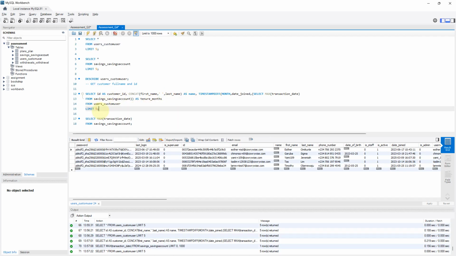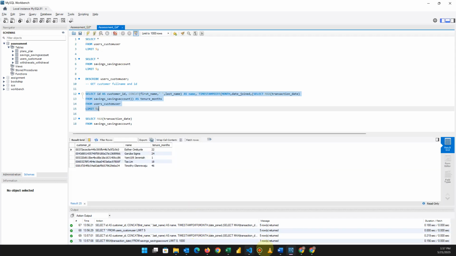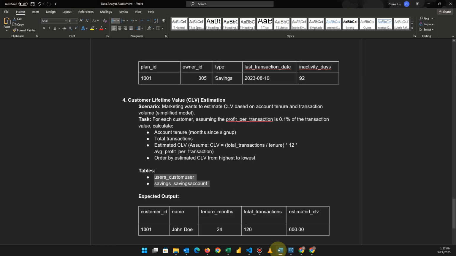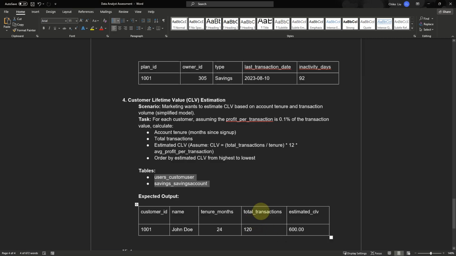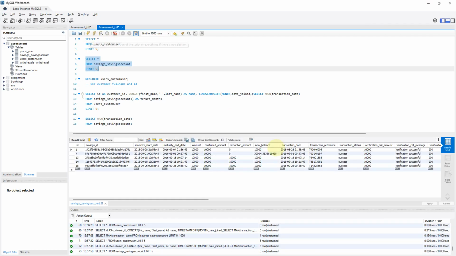So what else? The next question is the total transactions each of these clients has made. Where do we get total transactions? We'll get it from savings, where the transaction status is successful.